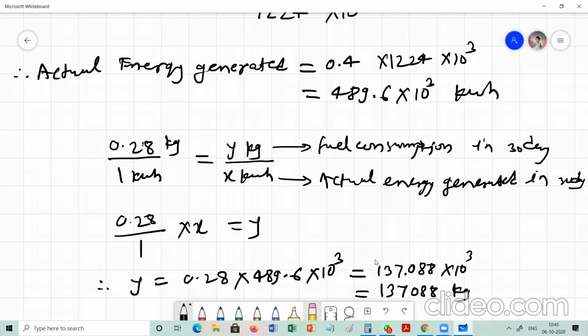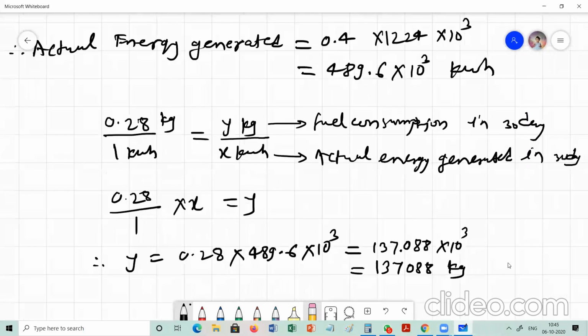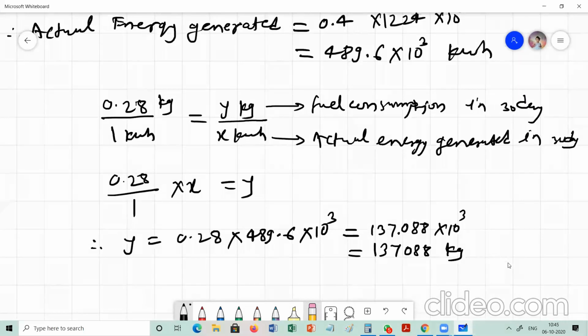Means this amount of fuel should be consumed in a month to generate 489.6 into 10 raised to 3 kWh of energy.